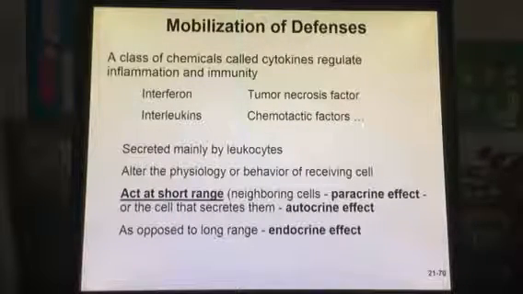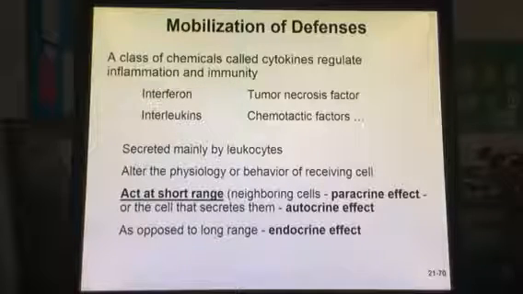So let's take a look at this inflammation, and this talks about mobilization of defenses. So we've talked about what the defenses are, but they're mobilized in a short range kind of way. In the endocrine system, we talk about hormones moving throughout the body and sending signals.